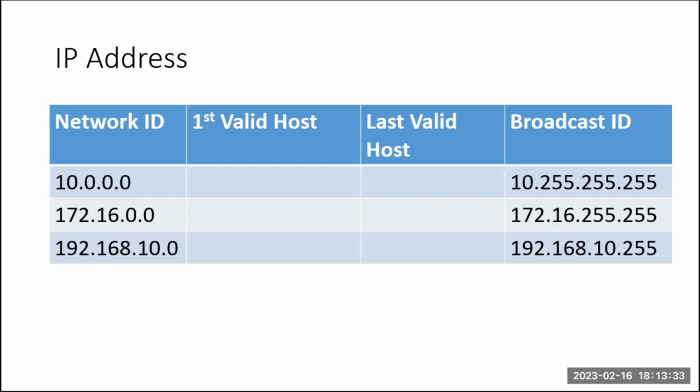So in this case, what is the first valid host? 10.0.0.1, sir. Good. So our first valid host would be 10.0.0.1. That's the number that comes immediately after the network ID.